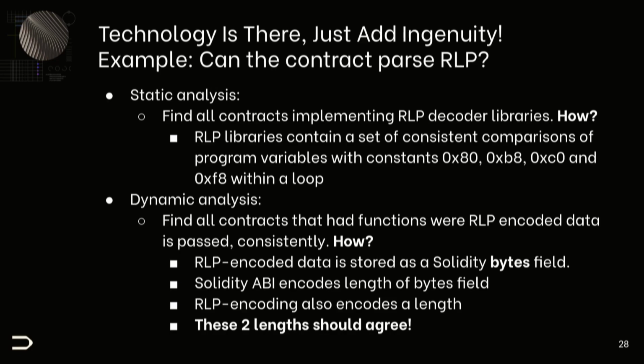This part is a little more clever. If we want to find past transactions that actually had RLP encoded data, we came up with a clever technique there that basically says, I'll parse the call data and see if I find a bytes array whose length matches what should be inside the array, which is also some length fields, in the case of the RLP specification. So this is kind of a clever query tuned to that particular analysis.